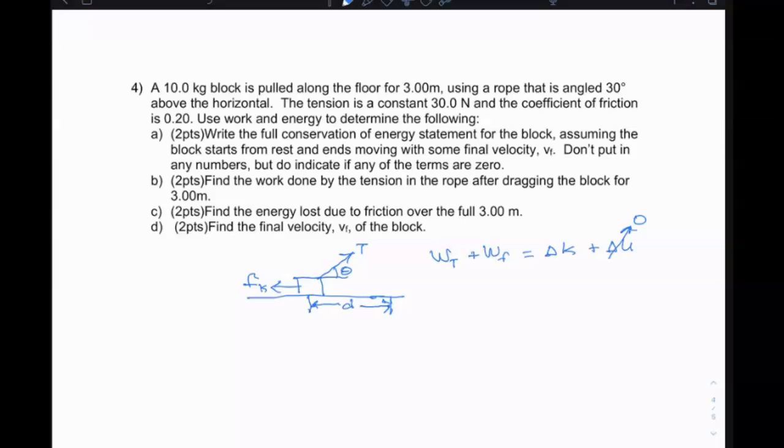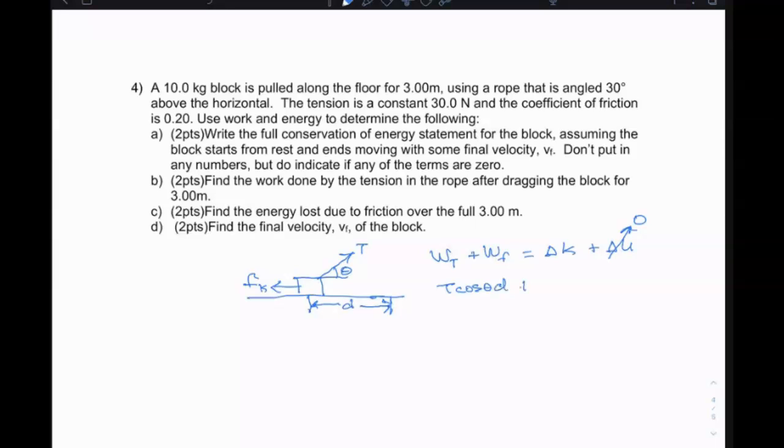And we could rewrite this work in terms of the forces involved. So the work done by the tension is the x component of the tension force, which is T cosine theta, times the displacement d.